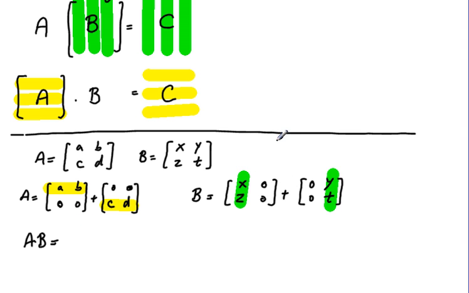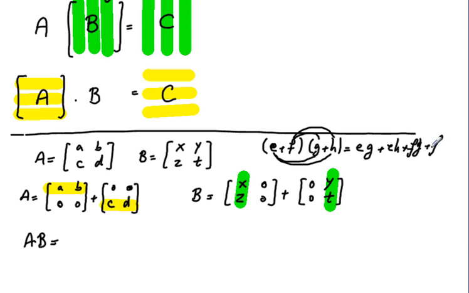So let's write it out, just as in Algebra 1, if you had, say, E plus F times G plus H. How would you have done that? You would have done this times that one, then this one times the second one, this one times the first one, second one times the second one, and so on, and you write down all the multiplications you could conjure up. You do the exact same thing here.